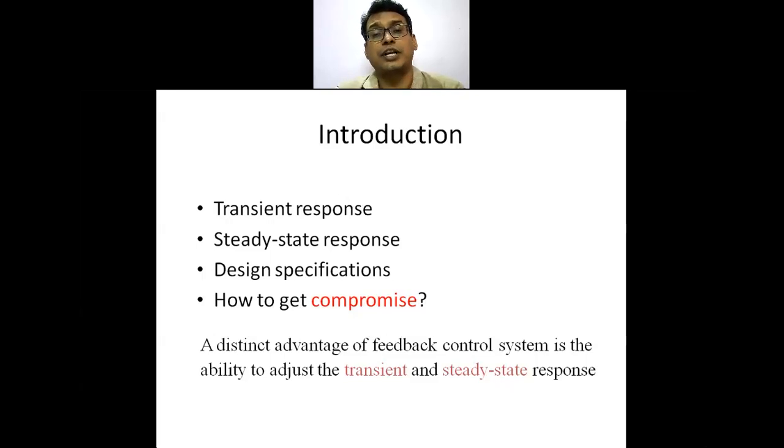The thermometer temperature will increase slightly. If the initial temperature is 95 degrees Fahrenheit and it goes up to 98.6 Fahrenheit, how that temperature is increasing is nothing but the transient response.